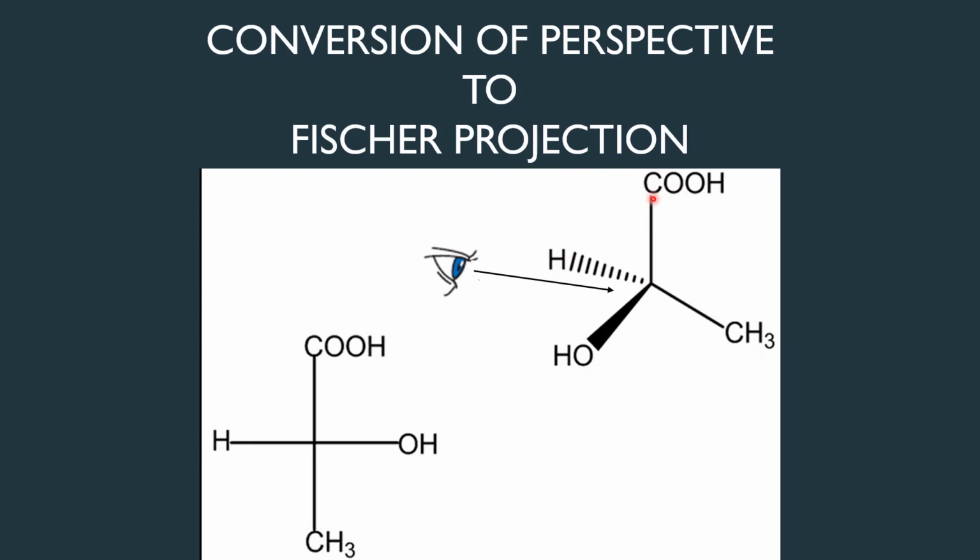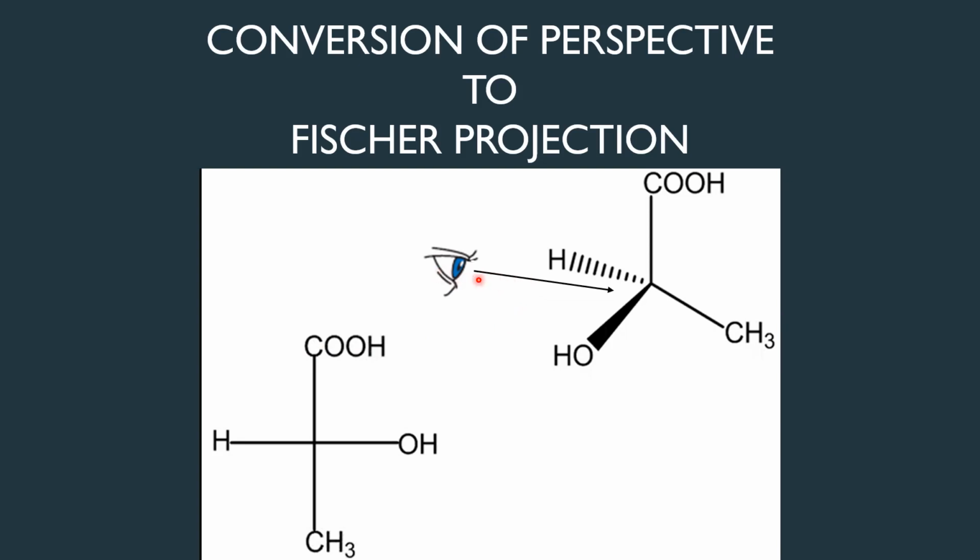Now I am going to convert this perspective formula into Fischer projection. So for me, these two groups are coming towards me, and this is at the top and this is away from me. So when we convert this perspective formula into Fischer projection, I have to keep this top group at the head side of the Fischer projection.